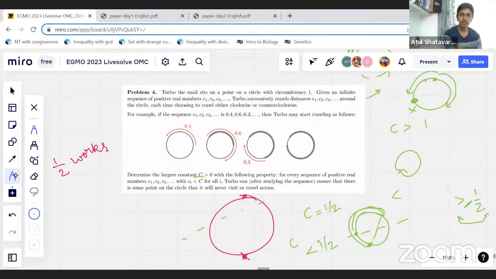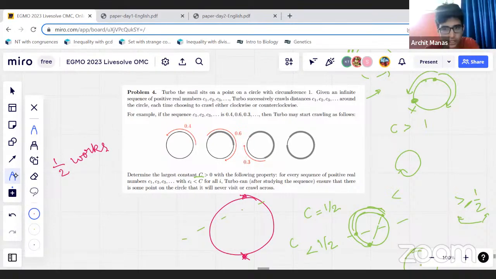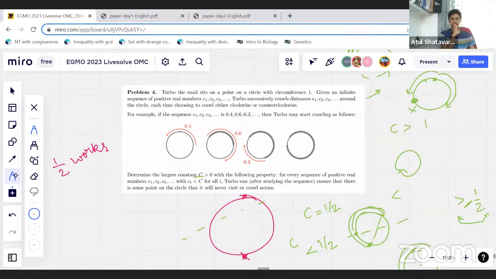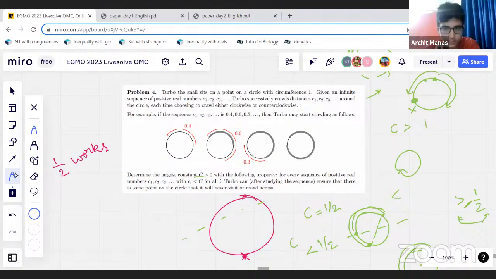Giving the same length to Turbo twice in a row is useless because Turbo will just go back and forth. See, the main point is you're allowed to have half, which means you can instantly transport anything to its antipode, irrespective of what he decides to do. So you can just instantly switch it to the antipode.